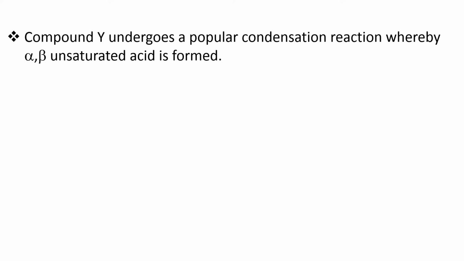Now, in compound Y, already a phenolic OH group is there and one neutral functional group, that is carbonyl group, that is also there. Now, compound Y undergoes a popular condensation reaction whereby alpha-beta unsaturated acid is formed as per this riddle.